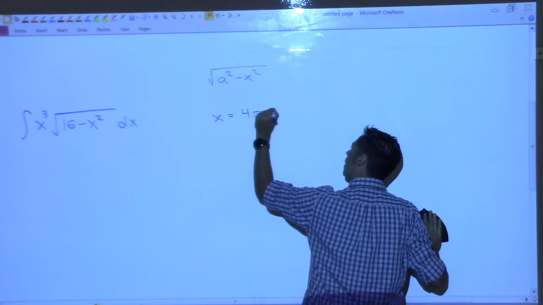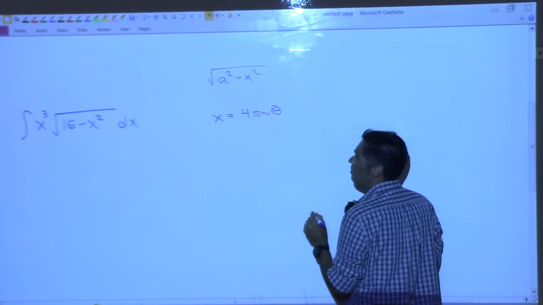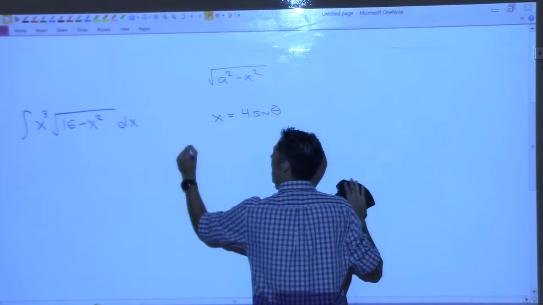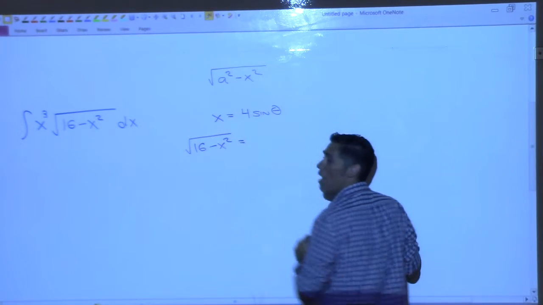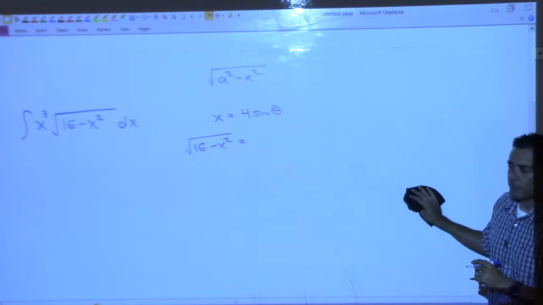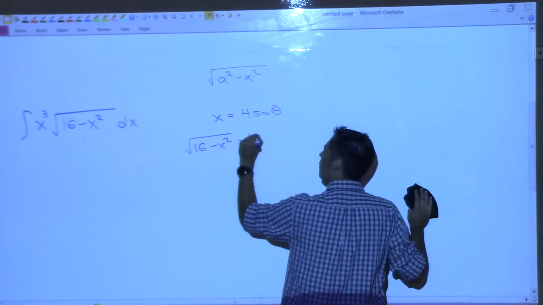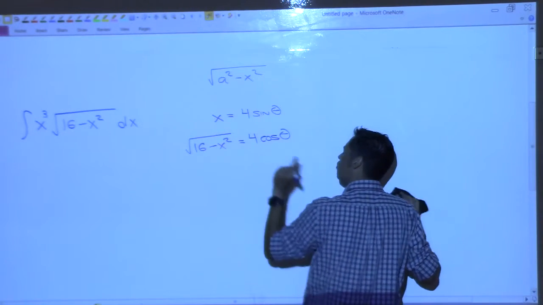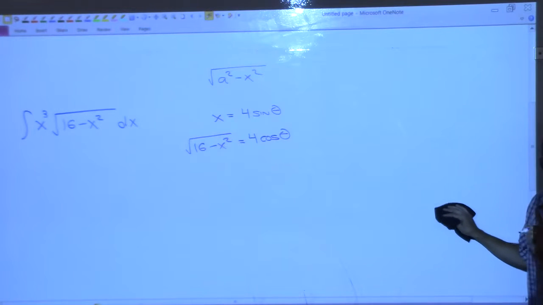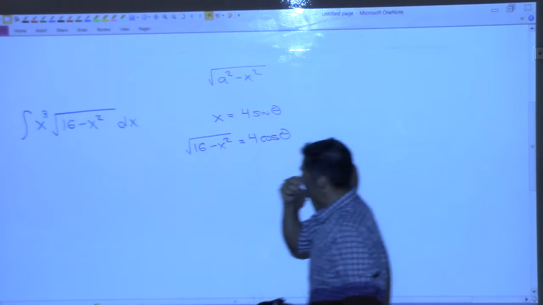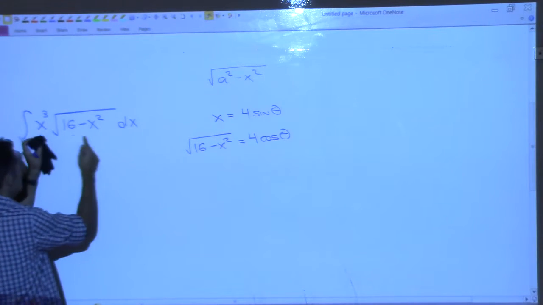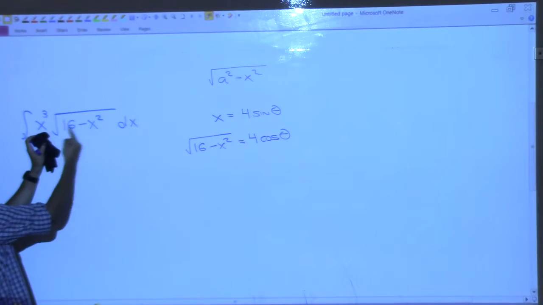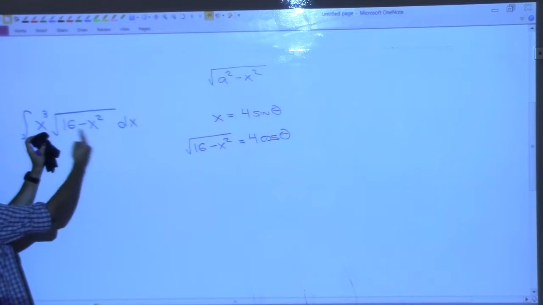If we make that substitution, I know automatically that the square root of 16 minus x squared will turn into what? 4 cosine theta. And there's one more thing that I have to do, and that is figure out what I'm going to replace dx with. So I'm going to replace that with 4 cosine theta dθ.